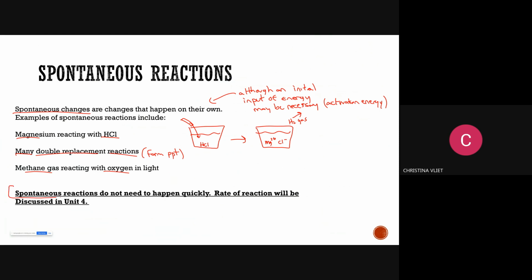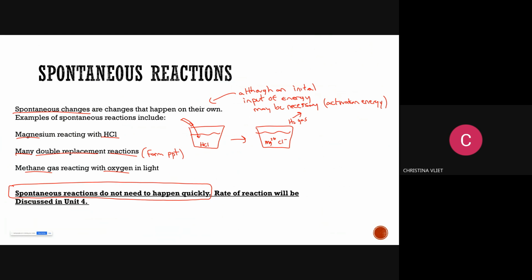Something of note here: just because a reaction is defined as spontaneous does not mean that it happens fast. That word spontaneous can lead you to an incorrect assumption, because when we think of spontaneity, we think of something fast, done instantly. When we say spontaneous in chemistry, we're just saying this does happen pretty much on its own.